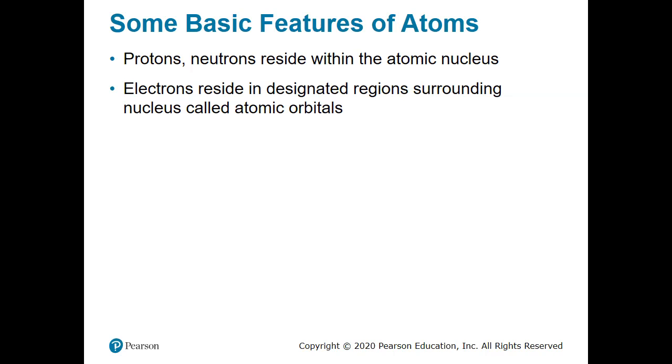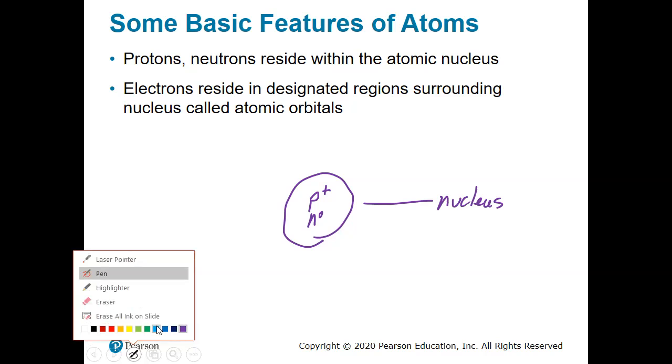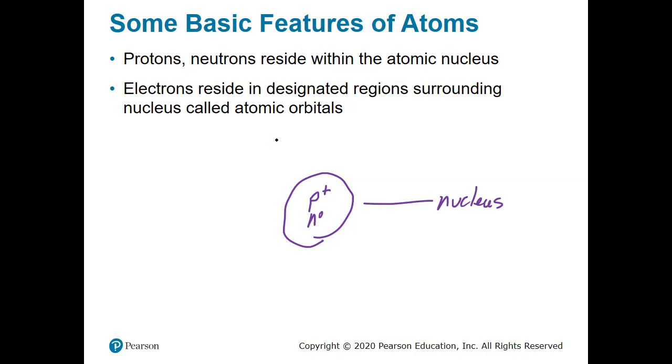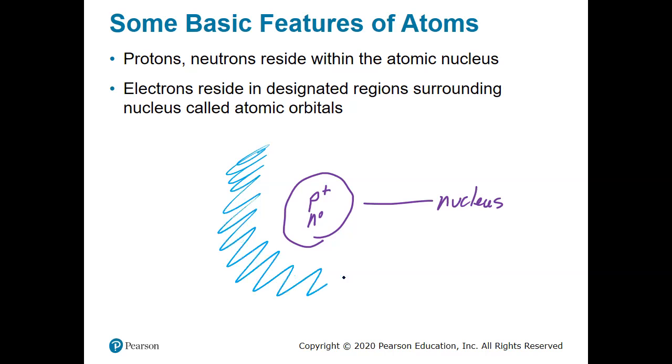So about the atoms, we know that the protons and the neutrons are inside of that nucleus. The nucleus represents that dense middle part of the atom. The electrons themselves reside in this area around the nucleus.